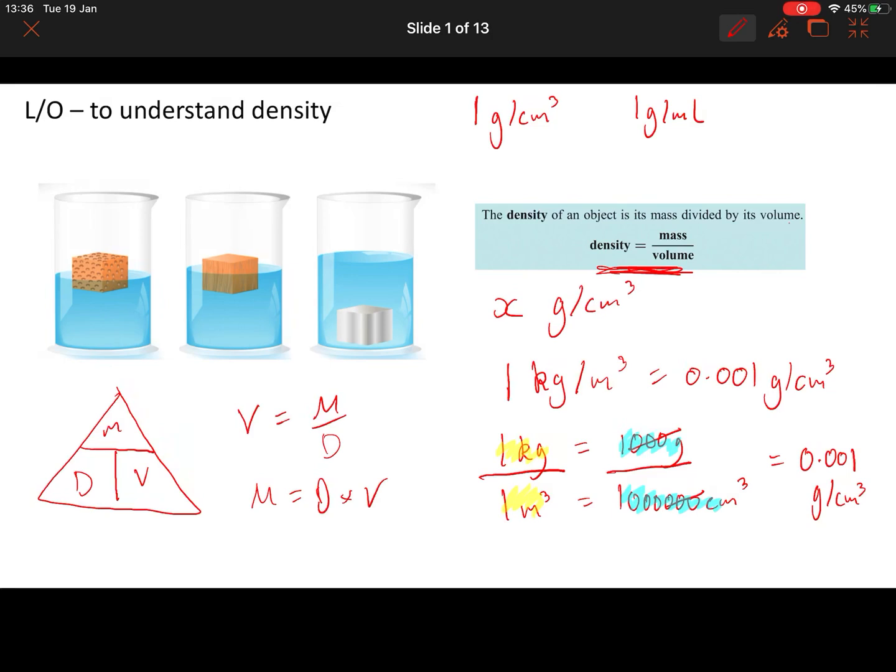So you need to be able to convert between kilograms per metre cubed and grams per centimetre cubed, just in case the question asks you to do so. I don't want to say too much more about what density actually is. I think you should already know. Of course, if you've got any questions about density, please don't hesitate to ask, because a lot of stuff won't make sense if you don't truly understand density.